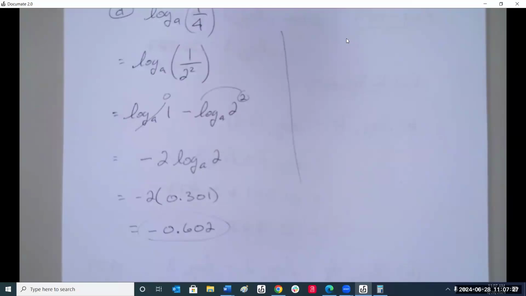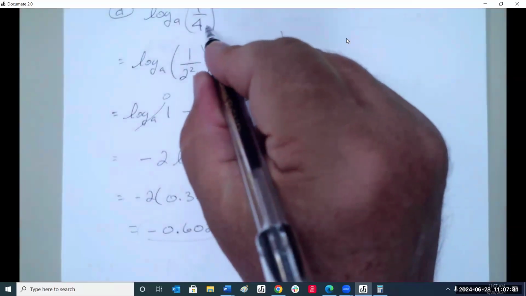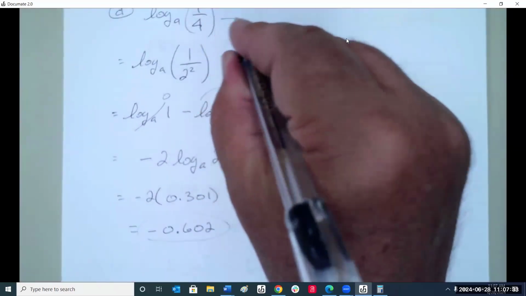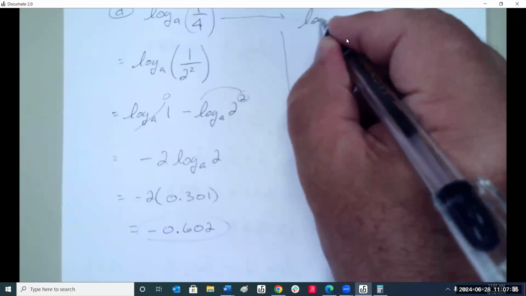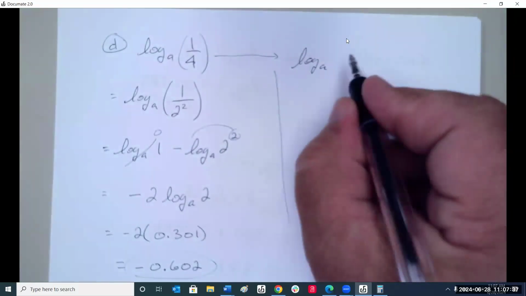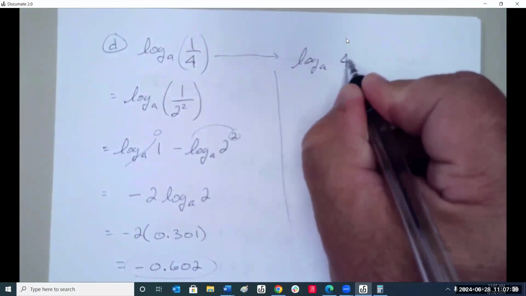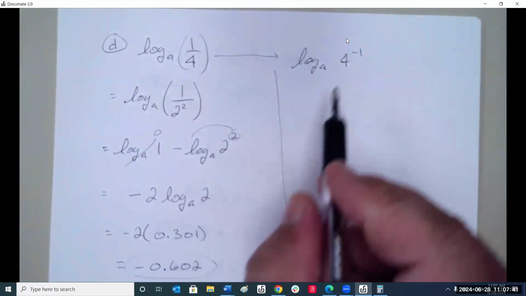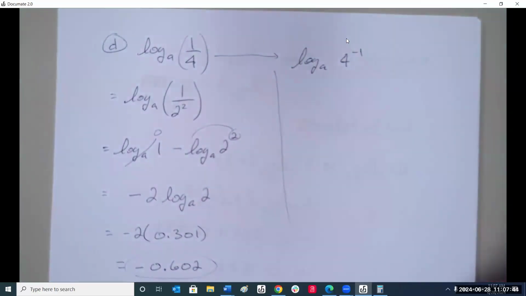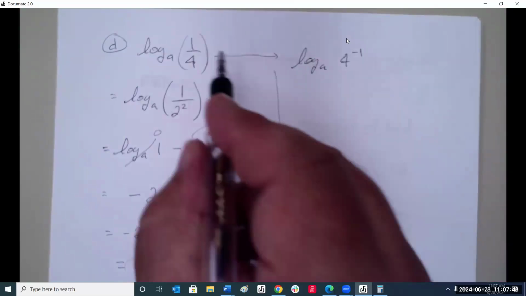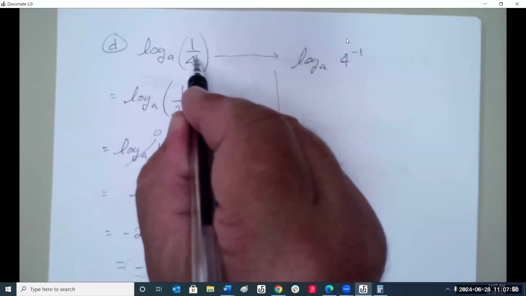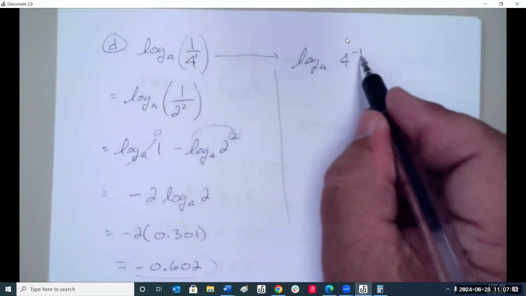Another way of doing it is we could have rewritten that equation as log base A of 4 to the power -1. Because it's to the power -1, move it on top, change the exponent.